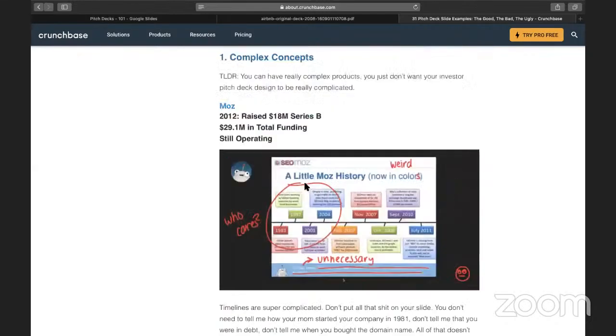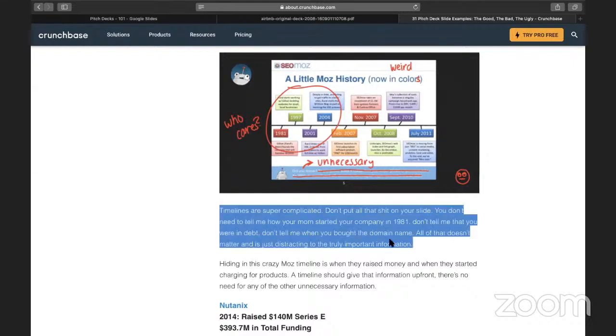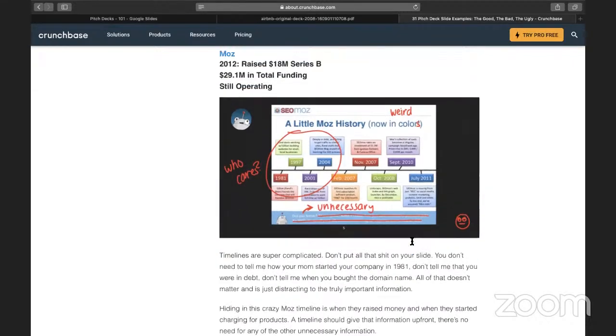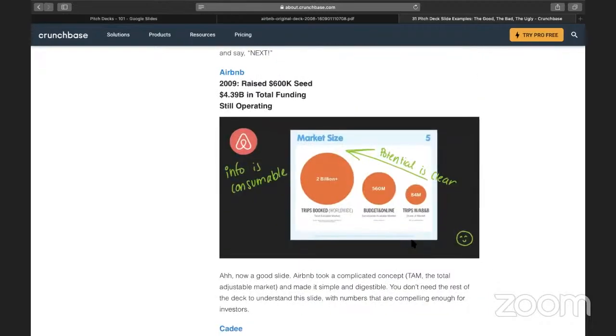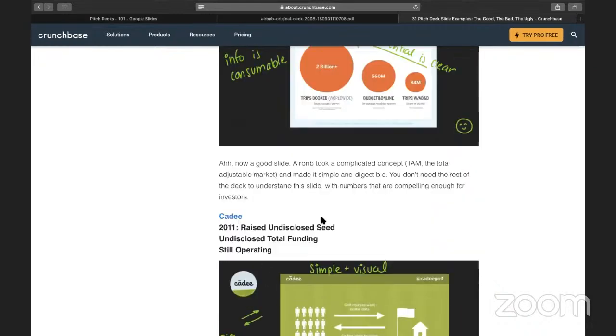The link to the site will also show specific details on the pitch deck itself and why it's not relevant to include what was included, but it also shows some of the best pitch decks as well.